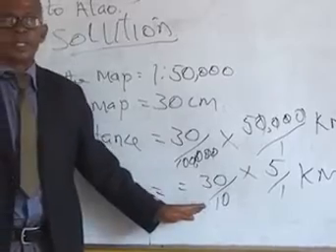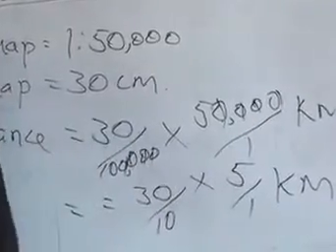Equals 30 over 10 times 5 over 1, or in kilometers.